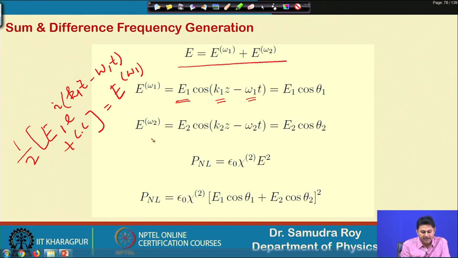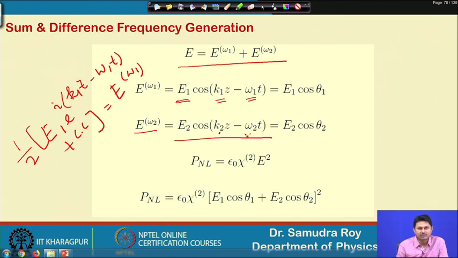In a similar way, I can write E of omega 2, the only change being k 2, omega 2 and E 2. The amplitude, the propagation constant and the frequency component are changed. We have k 1 z minus omega 1 t and k 2 z minus omega 2 t.